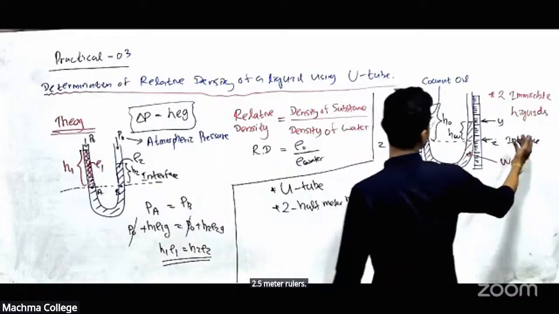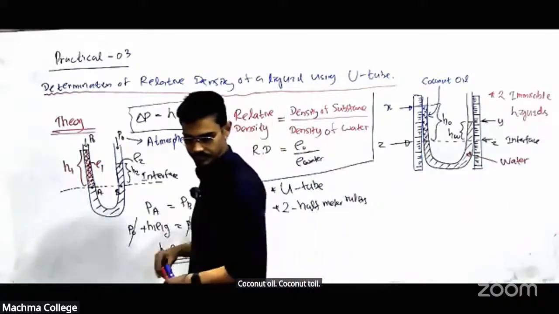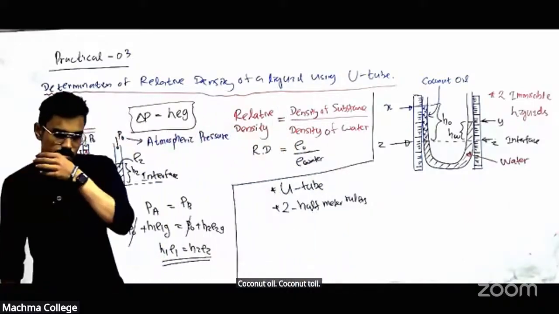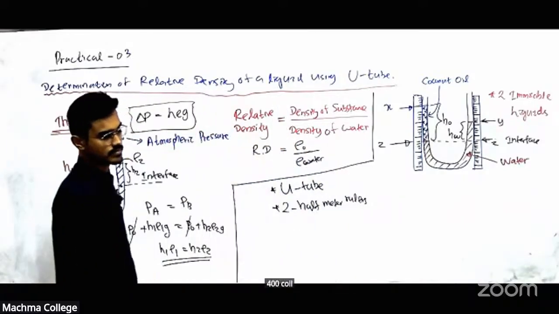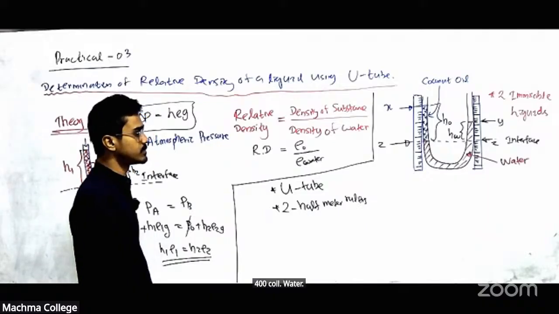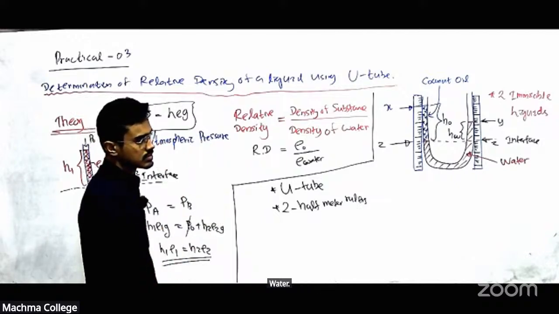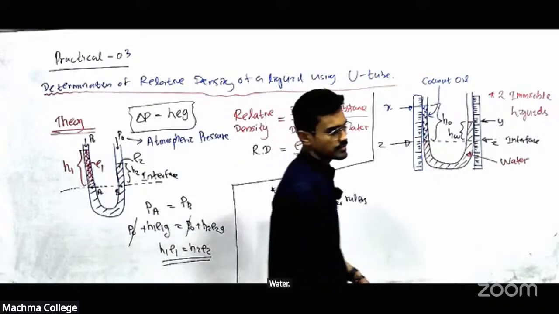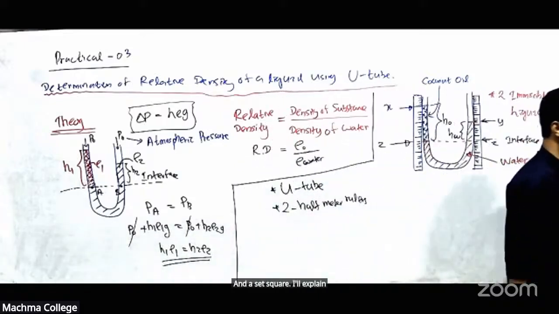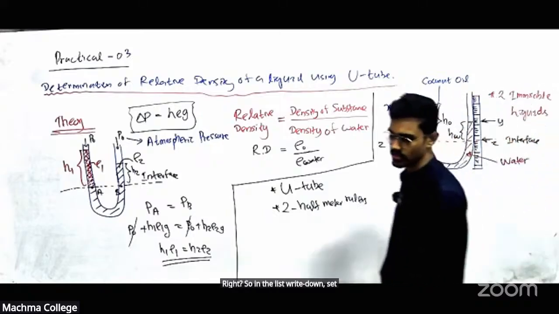Then these two: coconut oil, water. And a set square. I'll explain why we are using a set square. So in the list, write down set square.